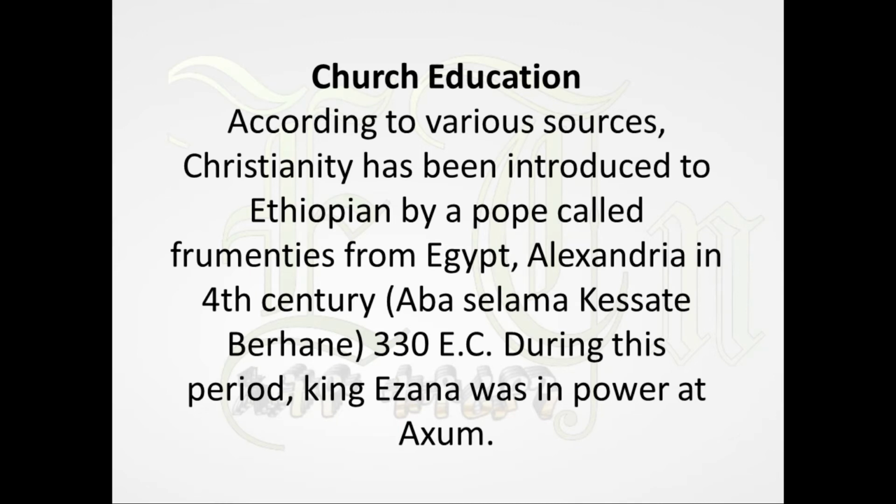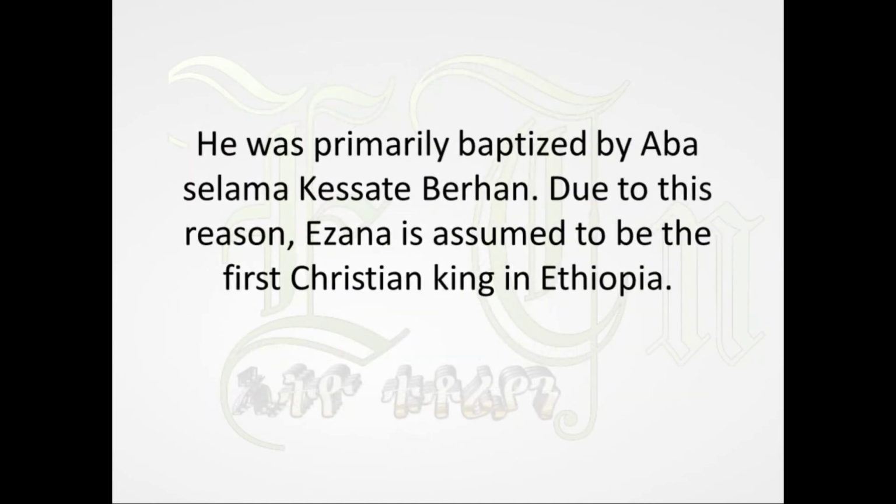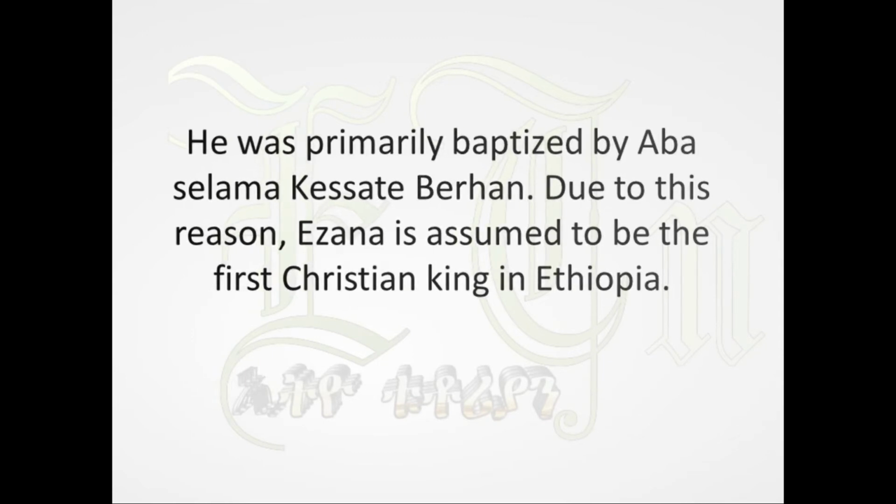During this period, King Ezana was in power at Axum. He was baptized by Abba Salama Kesate Berhan. Due to this, Ezana is assumed to be the first Christian king in Ethiopia.